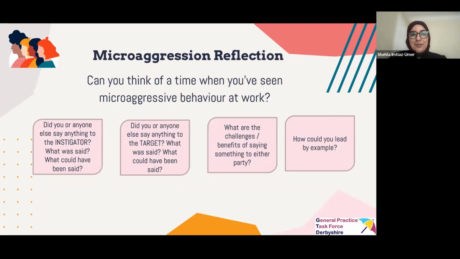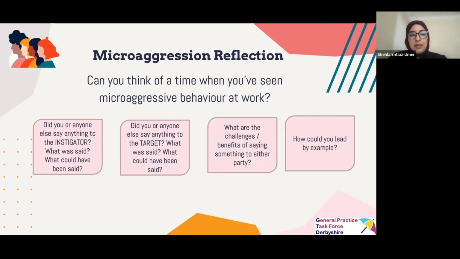So we're going to need some group participation here. We're a small enough group, hopefully, to be able to do this, opening it up to the floor, thinking about microaggression, a reflective exercise, to think about a time when you've seen a microaggressive behavior at work.